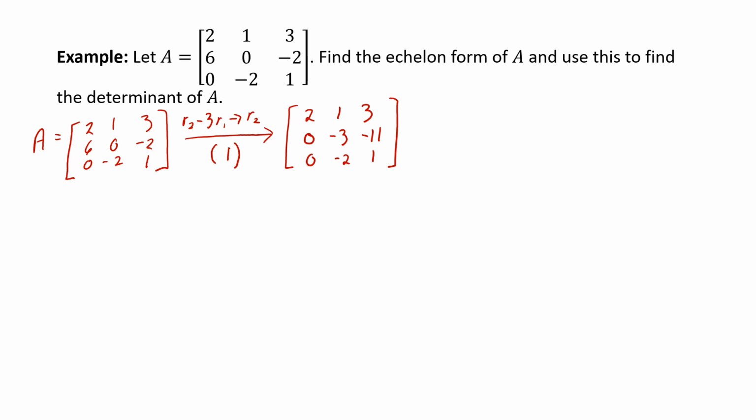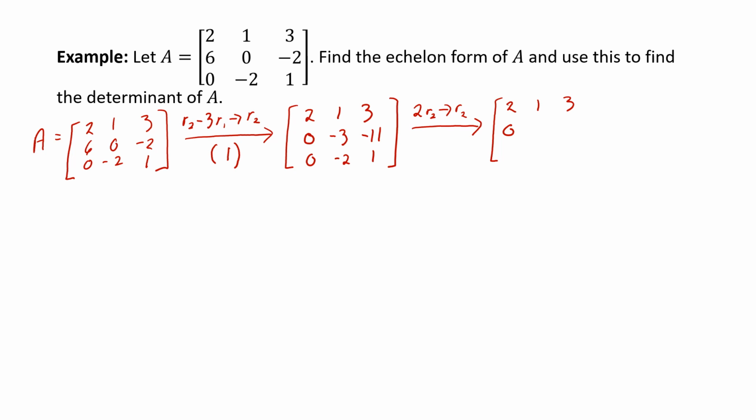So now let's do the next step. I am going to, let's do it this way. I am going to take 2 times row 2 is my new row 2. So 2, 1, 3.